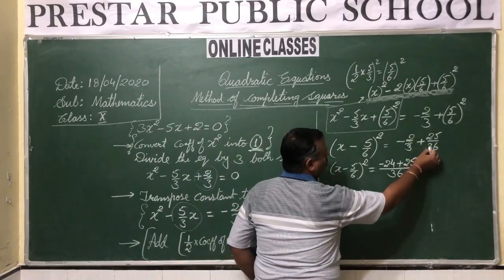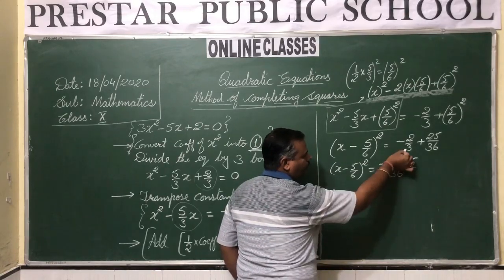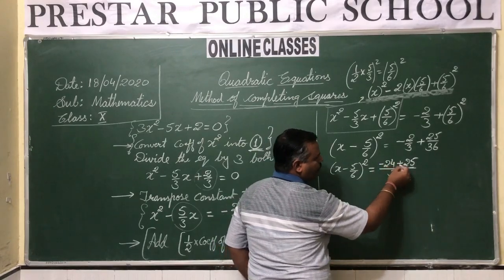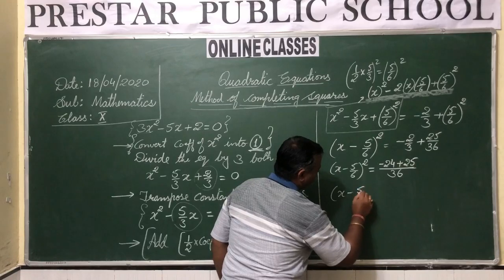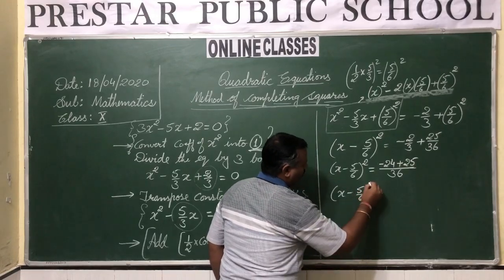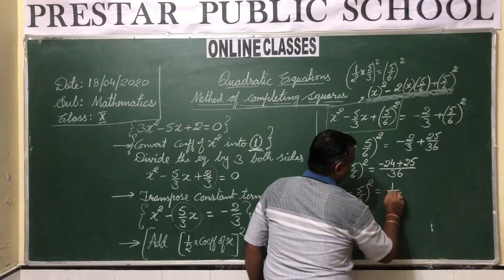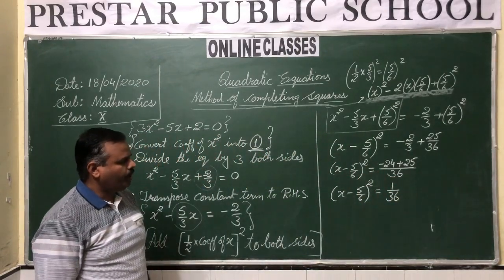We take the LCM of 3 and 36, which is 36. 36 divided by 3 is 12, and 12 multiplied by 2 is 24. So it is minus 24 plus 25, which gives us x minus 5 upon 6 whole squared equals 1 upon 36.